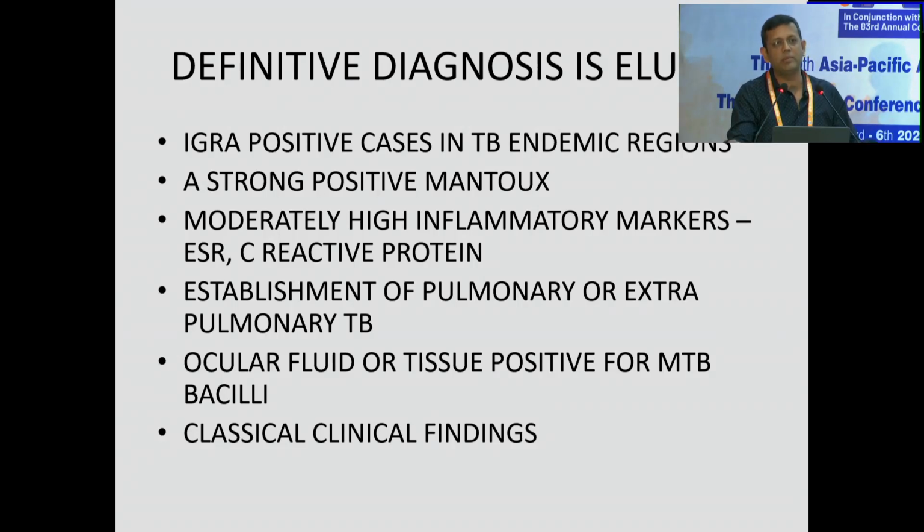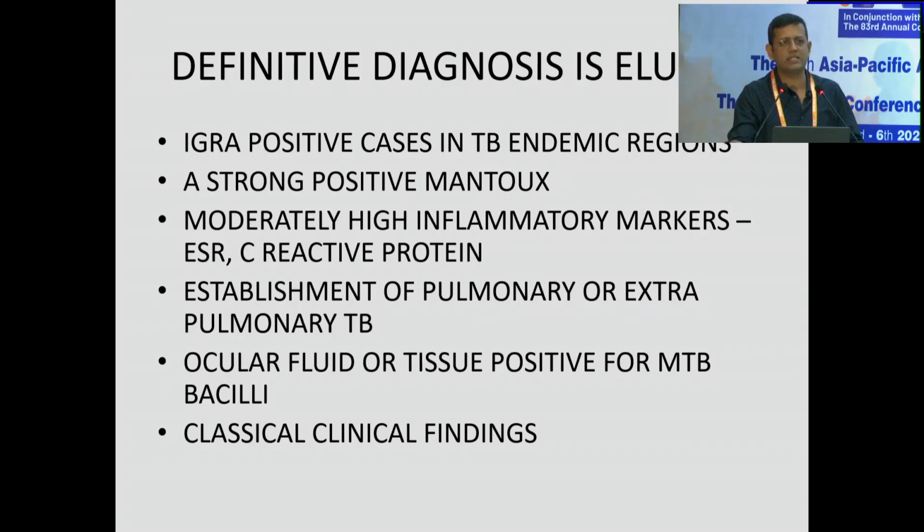Likewise, the inflammatory markers also don't show a very increased number. It's a moderately high ESR, a moderately high C-reactive protein, and with a positive skin test and an IGRA test, you are sure that you are looking at a case of Mycobacterium tuberculosis uveitis. And of course, if you can prove pulmonary or extrapulmonary tuberculosis, then more or less your diagnosis is confirmed and you can proceed with the treatment of the uveitis with AKT.